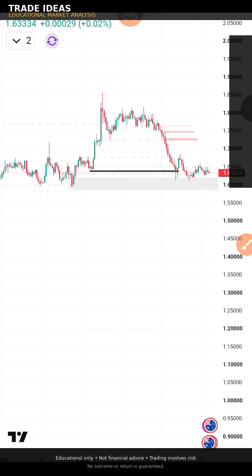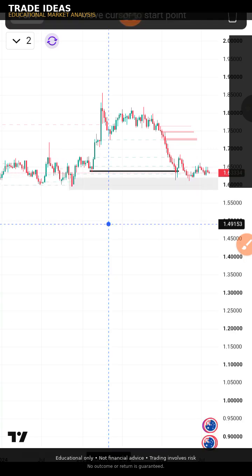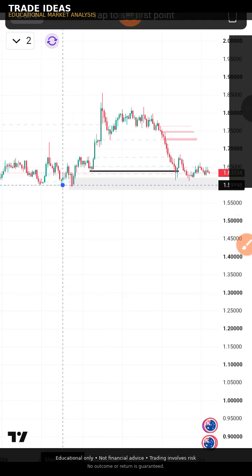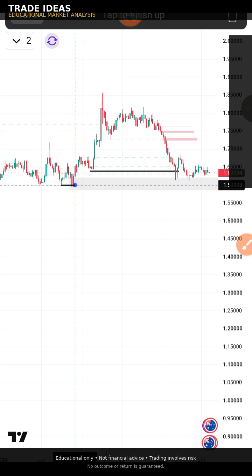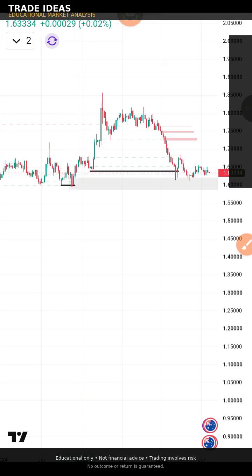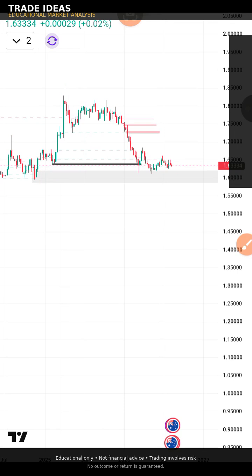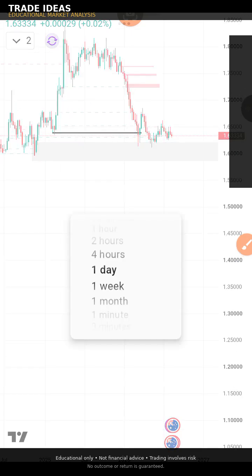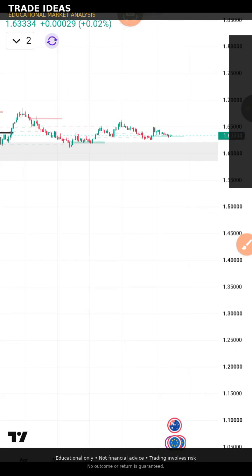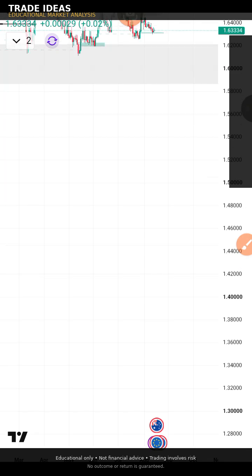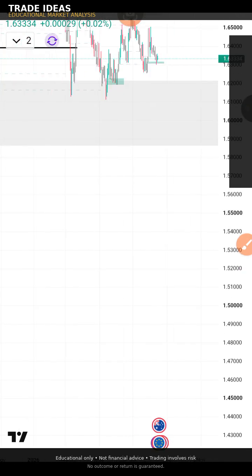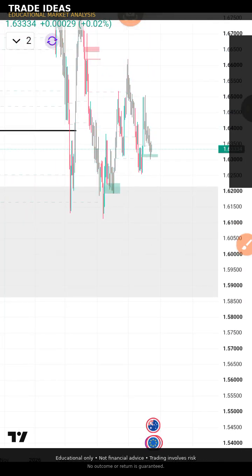Now the reason why I'm going to be looking for buys is that the level that the market reacted off from is a strong demand zone. You can see from this. Now going to the daily time frame, let's shrink the chart and then let's clear this.